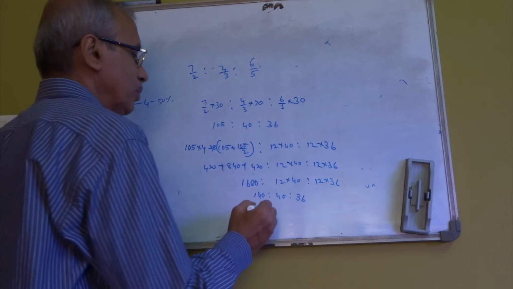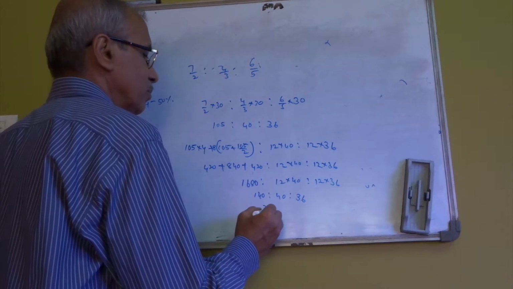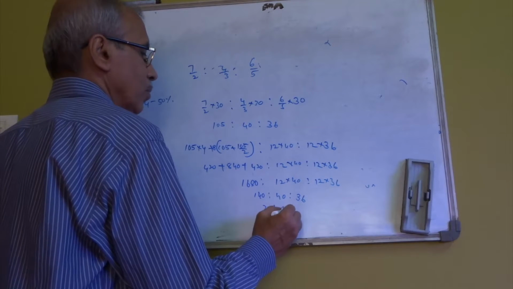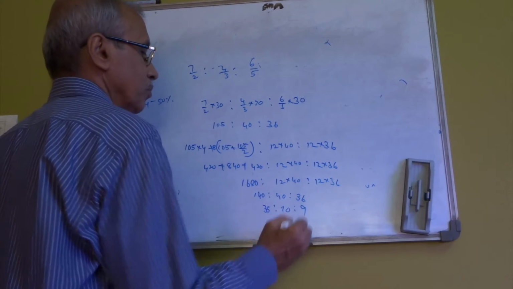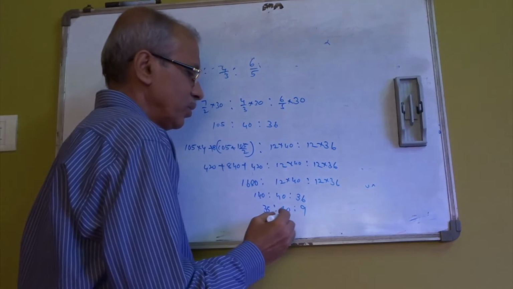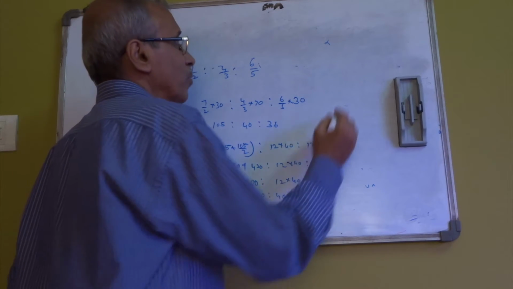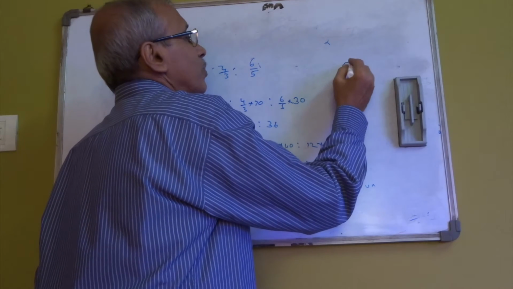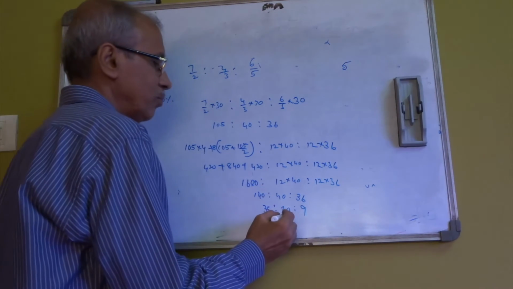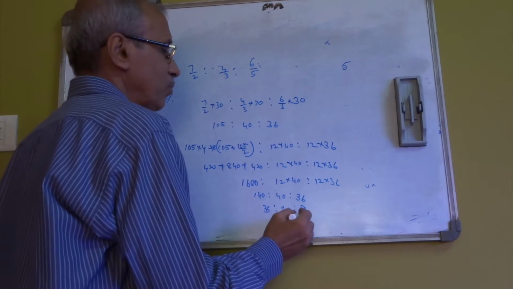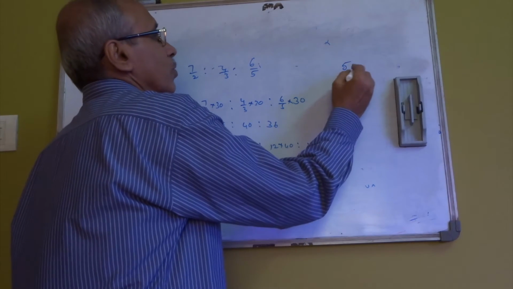Again 4 is common: 35 is to 10 is to 9. So the total is 54, 35 plus 10 is 45, plus 9 is 54.